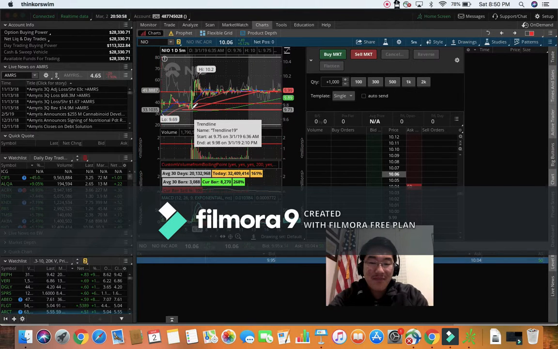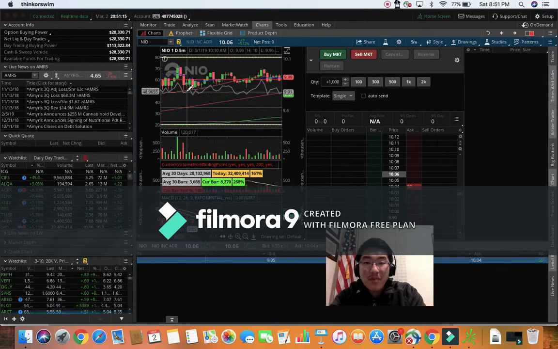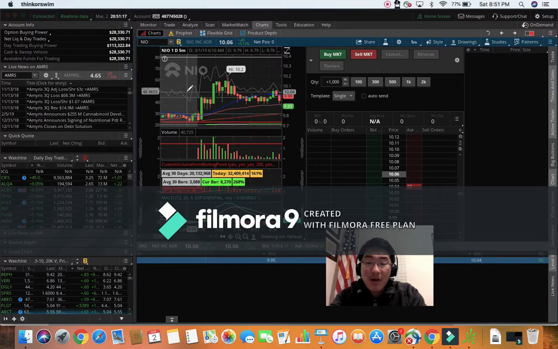Meaning that the more people buy the stock, the more demand there is for that stock. Meaning more support. And when there's more support, more demand, as I stated earlier, the higher the price.